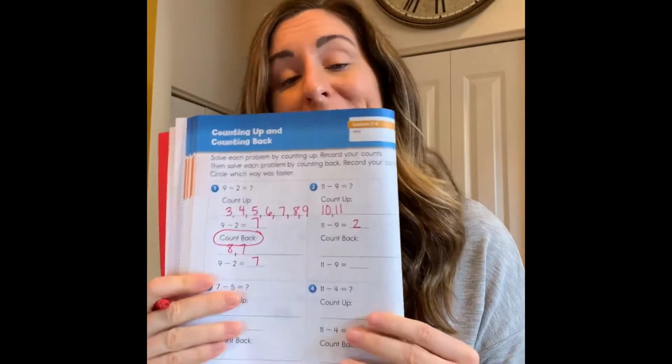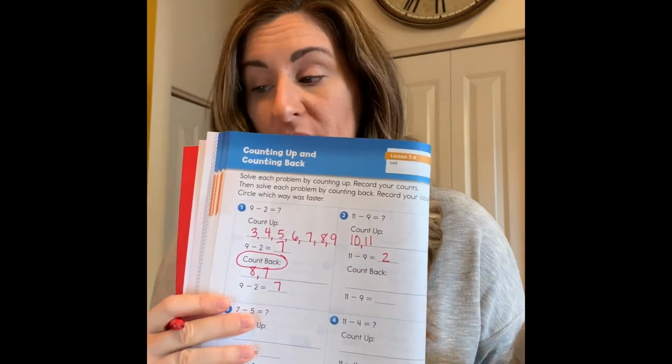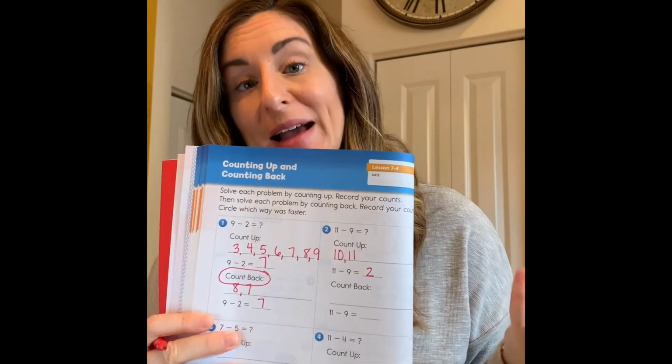If we count back in this situation, we're going to start at the bigger number, which is 11, and count back 9. So we're going to write down the numbers that we say when we count back. If I'm starting at 11 and I'm counting back 9, I'm going to say 10, 9, 8, 7, 6, 5, 4, 3, 2.